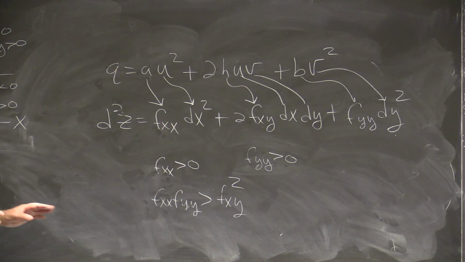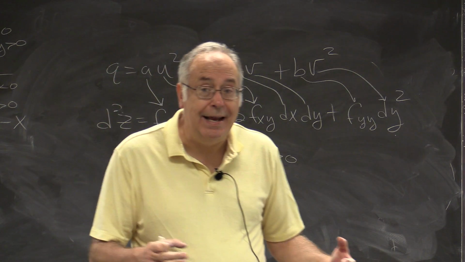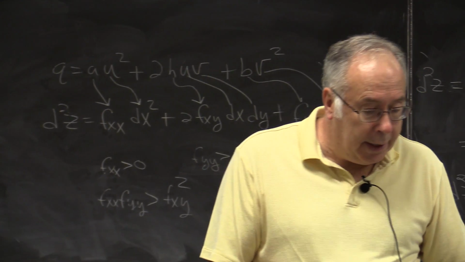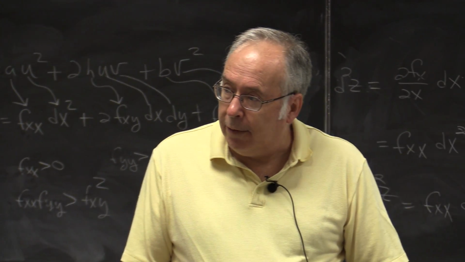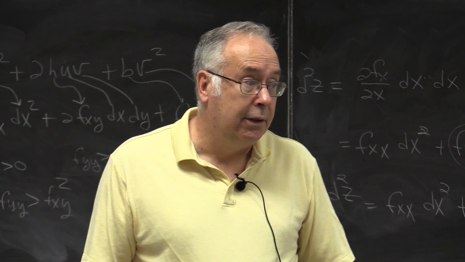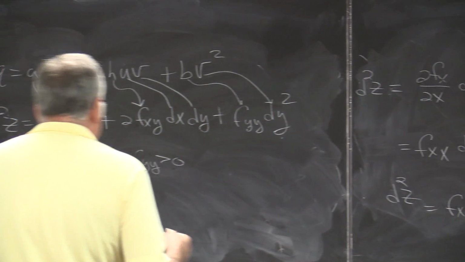Now, the condition for a maximum is that the second order total differential be negative definite. That for all possible values of dx and dy, the second order total differential be negative. See, then you're at the top of a hill. When you're at the very top of the hill, dz is 0.